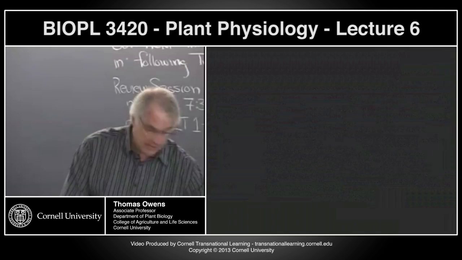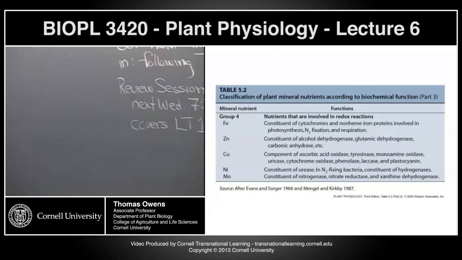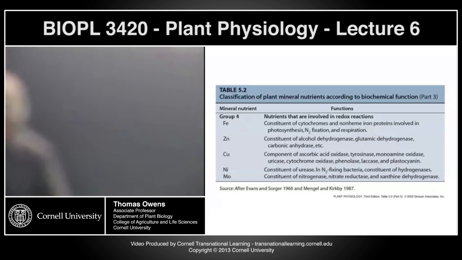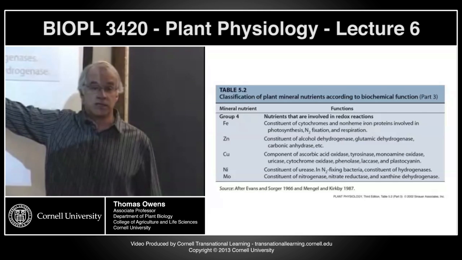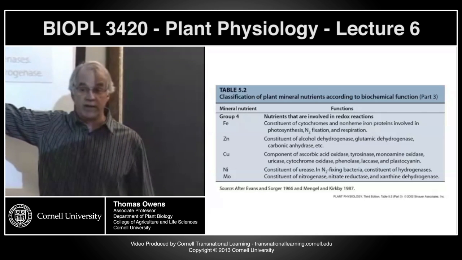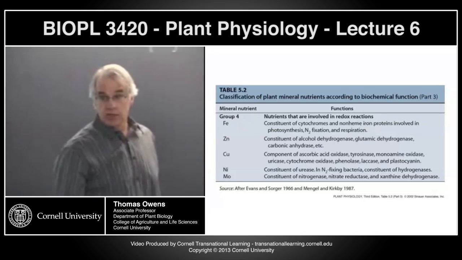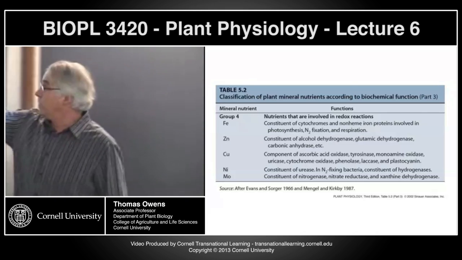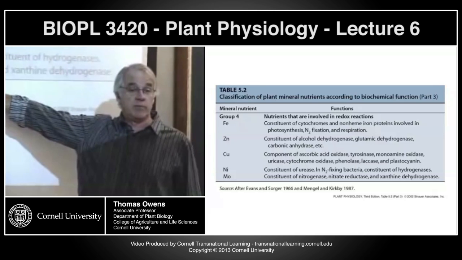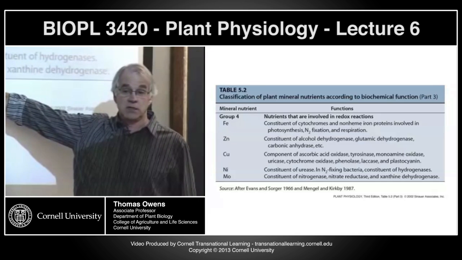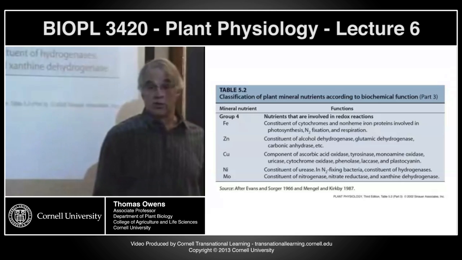But, for example, molybdenum, listed right here, is needed for nitrate reductase, the key enzyme that reduces nitrate to the level of ammonia so that it can be incorporated into organic compounds, so you can make proteins. If you don't have molybdenum, you don't have nitrate reductase, you don't have good nitrogen incorporation.